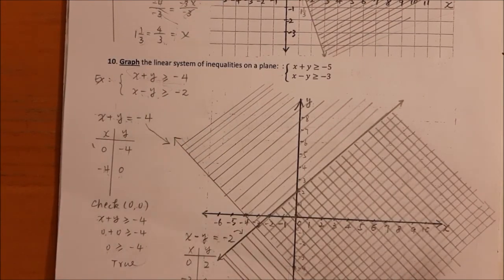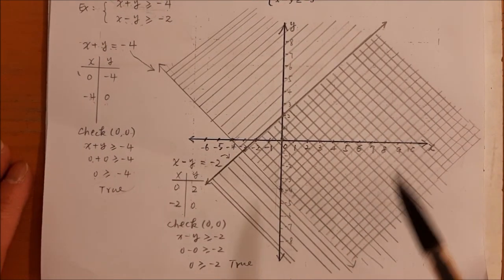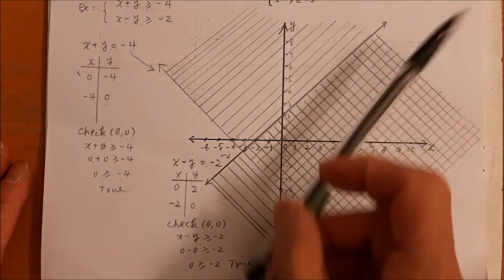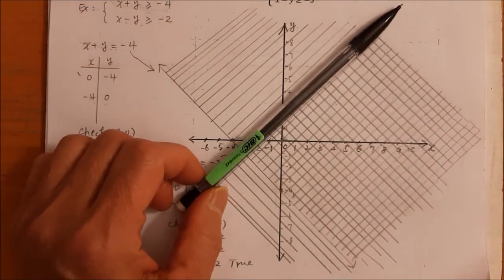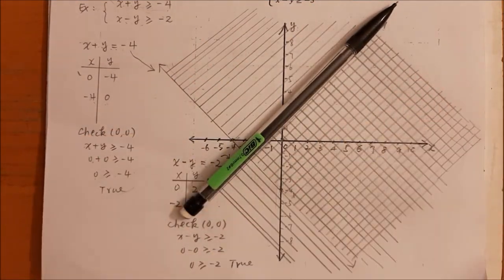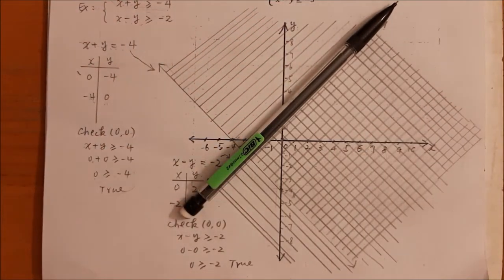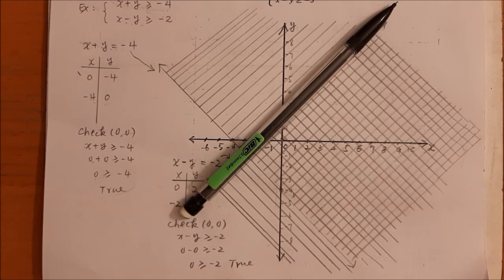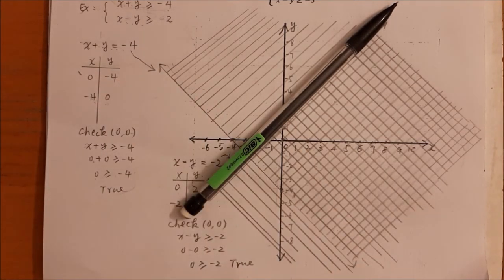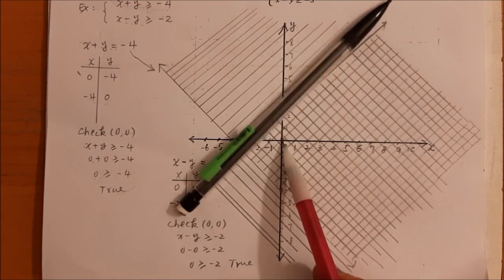We need to draw this inequality. This line also partitions the whole plane into two half planes, and we have to decide which half plane. So use one point to check, the origin (0, 0).